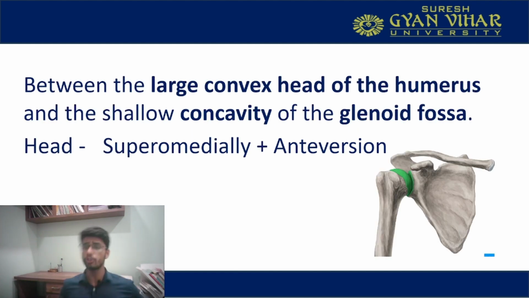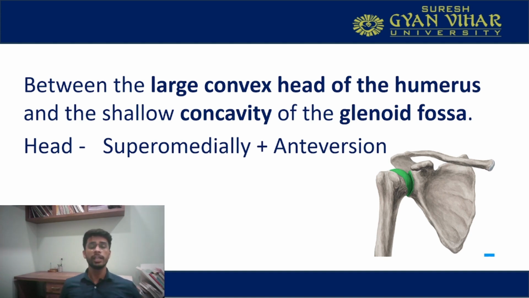It is the joint between the humerus and the scapula, and if I talk specifically, then the large convex head of the humerus is articulating with the shallow concavity of the glenoid fossa. Your convex head of the humerus is very large compared to the glenoid fossa.